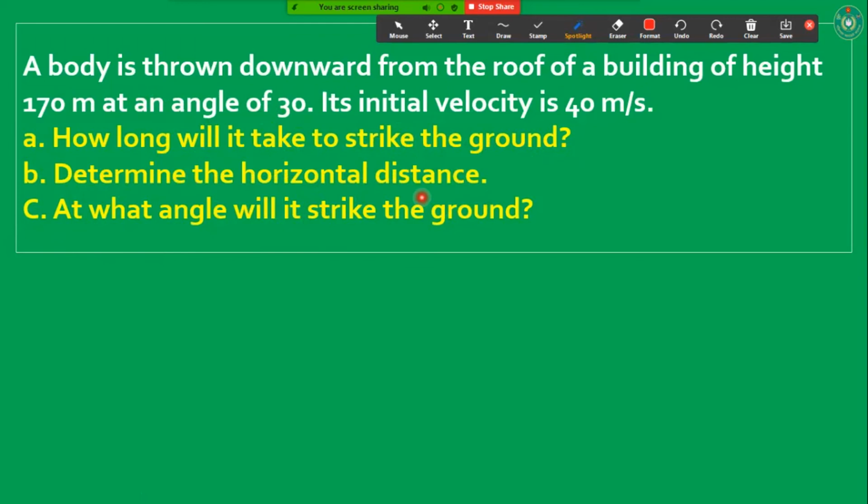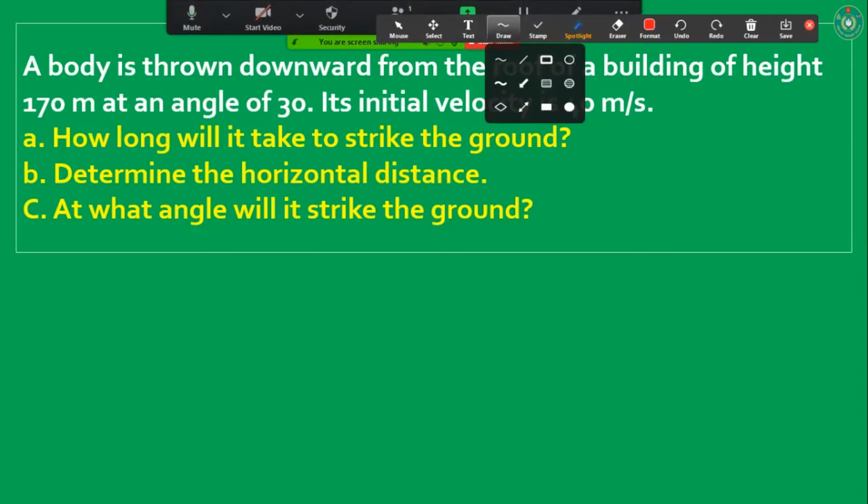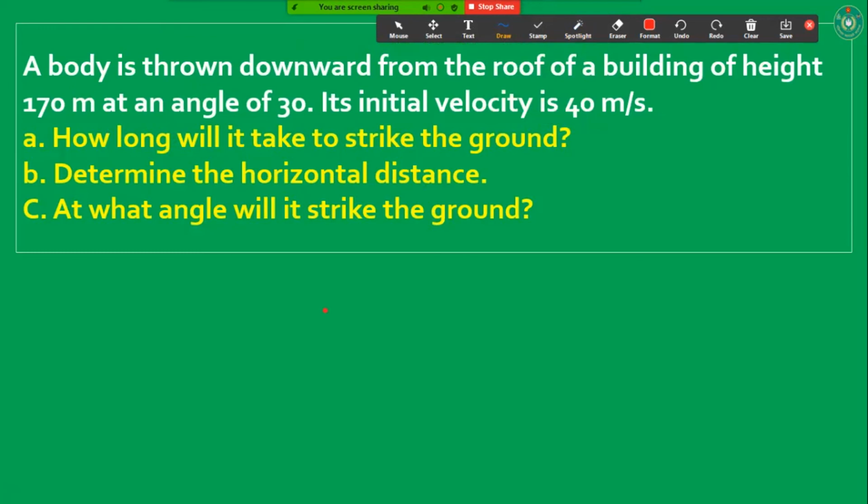So for this you can write very easily h is equal to half g t square.